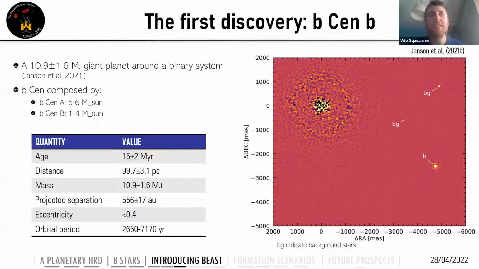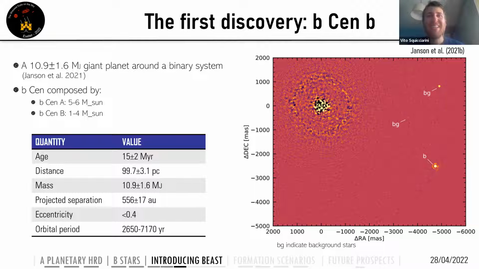There's a recent work by Janson et al. This planet has been found around a binary system with a total mass between 6 and 10 solar masses, and you can see that it is very far away from its star. It is really something we did not expect to find, because we expected a closer planet.